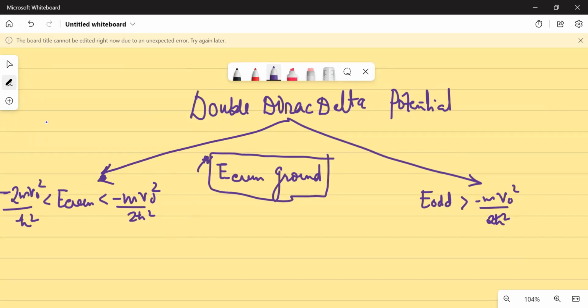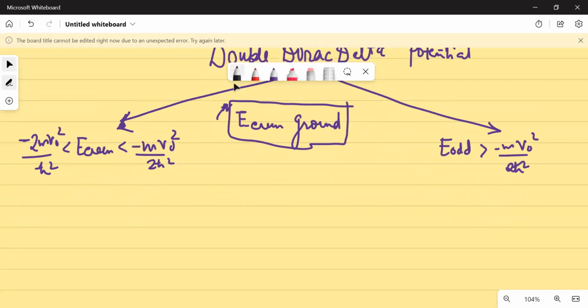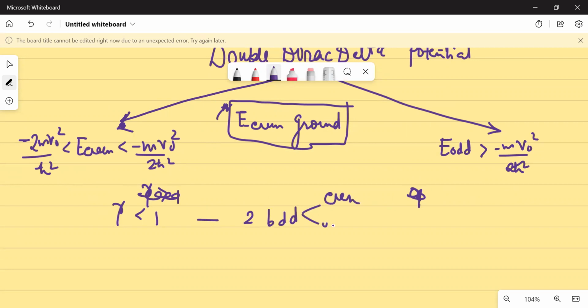Okay. And further, what I can do is write that if my gamma is less than 1, not exactly this way, but not in odd and even function sense, I will have only one bound state, that is the even bound state.